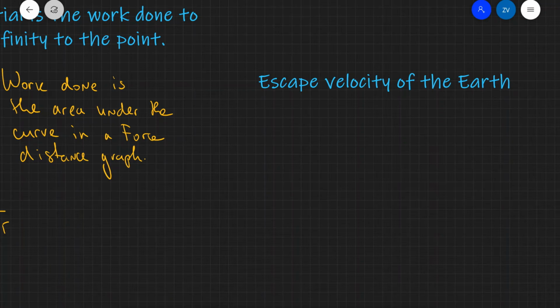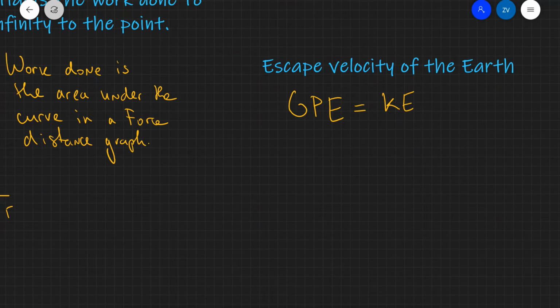Now, in order to find the escape velocity, we need to be thinking about energy. So the way we do that is by setting our gravitational potential energy, let's call that GPE, equal to the kinetic energy, let's call that KE. Now remember, the formula for gravitational potential energy is GMm over r, at least that's the magnitude of our GPE.